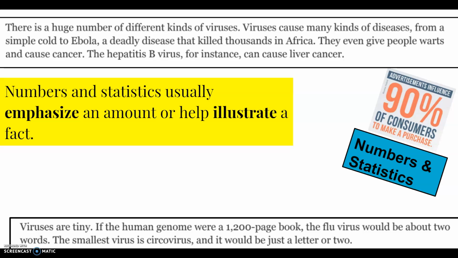Did you see how the author used a number to emphasize how many people died of the Ebola virus? Here below, it states viruses are tiny. If the human genome were a 12,000 page book, the flu virus would be about 2 words. Again, the author is trying to emphasize how small viruses are, and he is using an analogy of a book.